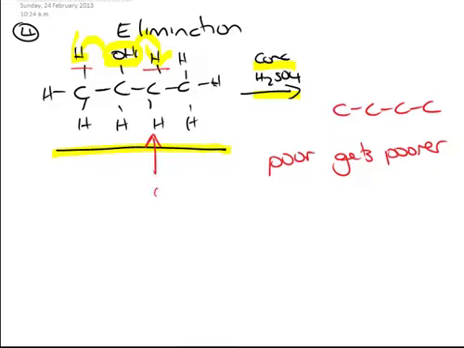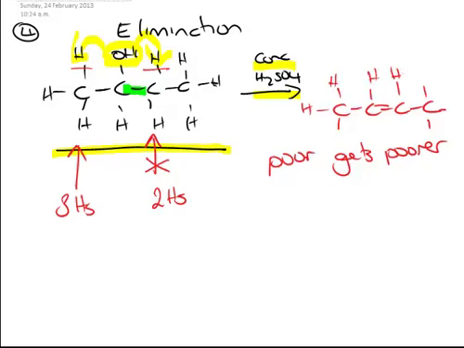So this one's got 2 H's, and this one's got 3 H's, and the one with the least is obviously this one here. So that means the double bond is most likely to form between these two. Okay, so when we draw that in, we're just going to draw a double bond there, and then draw in the associated H's, taking care that we don't put any additional ones in around the double bond, which is all too easy to do.